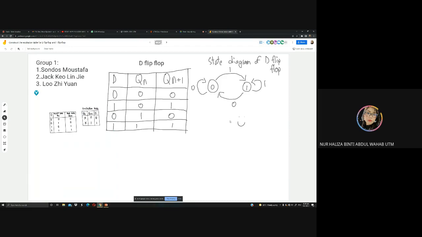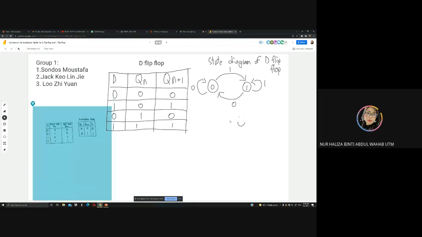So you can see here in group number 1, we have the D flip-flop. If you still remember your D flip-flop table, here you have 0 and 0.